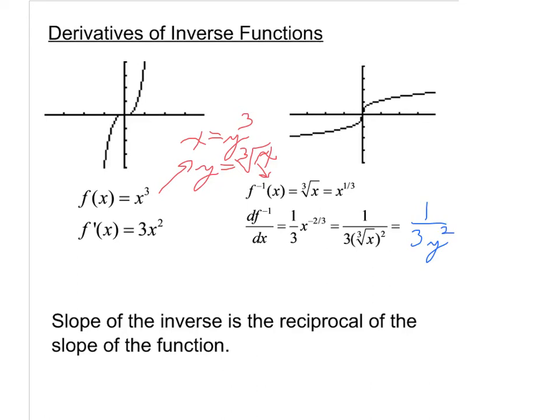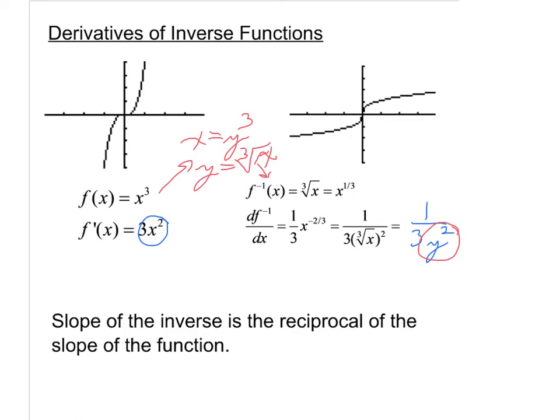Now, if we see, this is very similar to what we got as the derivative of our original function. The only difference we see is that here we have a 3x squared, and here we have 1 over 3y squared. So they're almost reciprocals. The difference being this is an x squared, and this is a y squared.